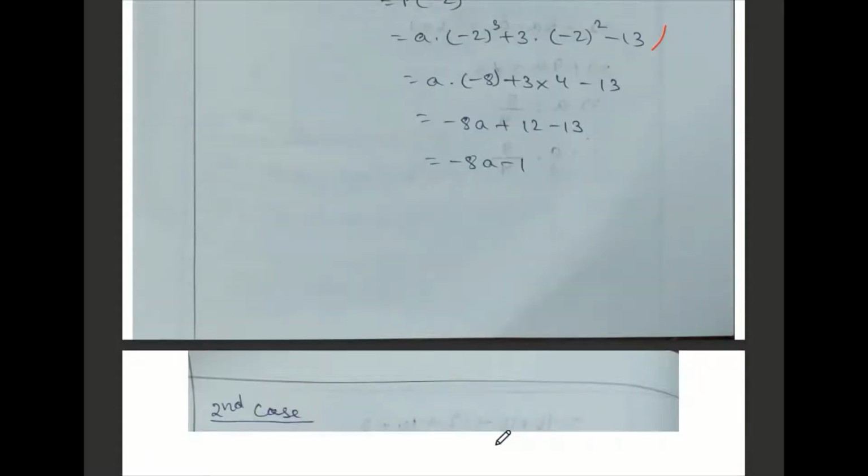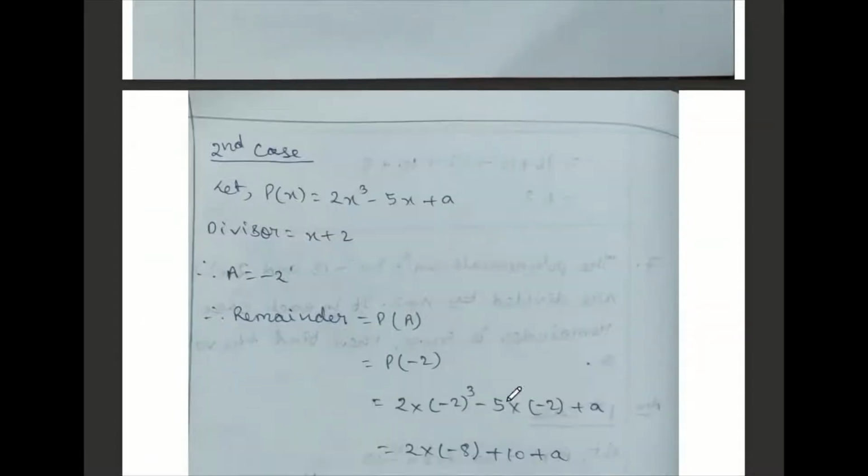Now the same will go for the second case. Second case, you take the second polynomial. In this second polynomial, p(x) is equal to 2x cube minus 5x plus a. Since in the question p(x) was not available, that's why we are taking let p(x) be equal to this. Divisor same, x plus 2, so the value of A will be minus 2.